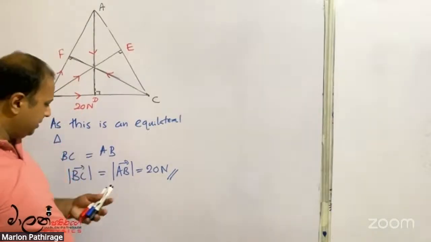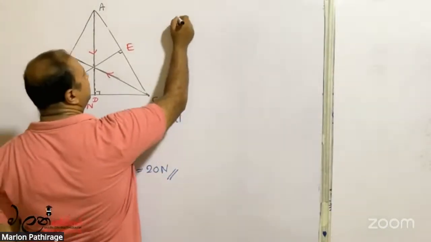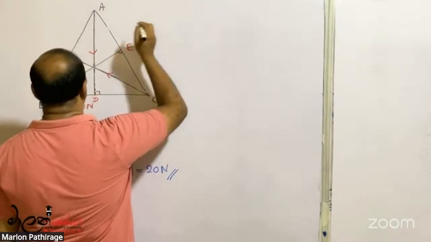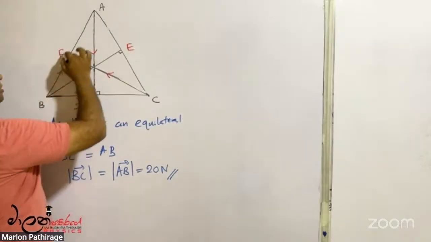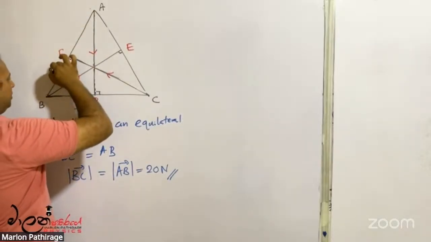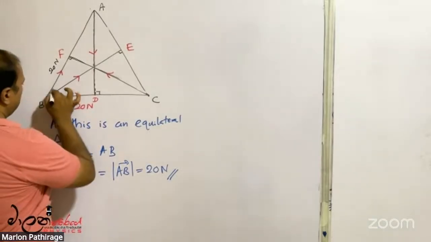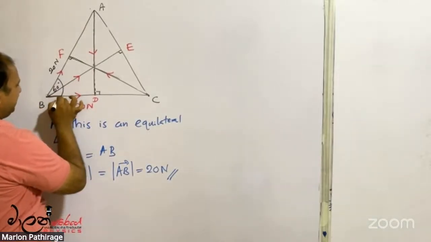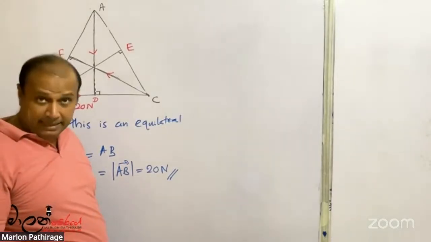Okay, if I determine the value of AD, now this length is 20 Newton, and the entire angle is 60, because this is an equilateral triangle.